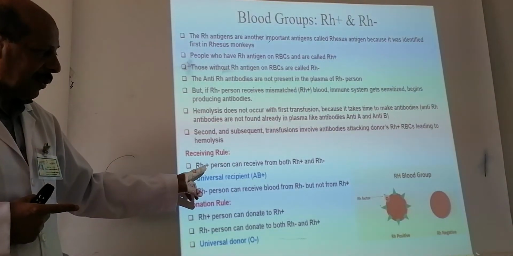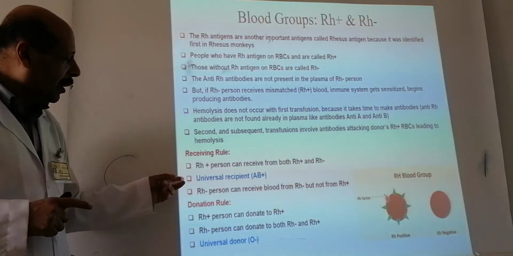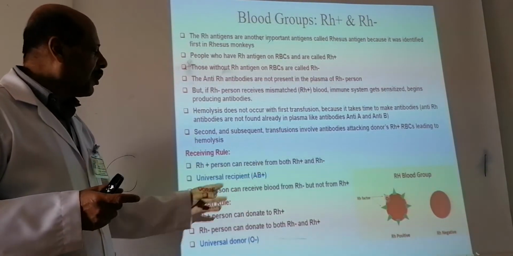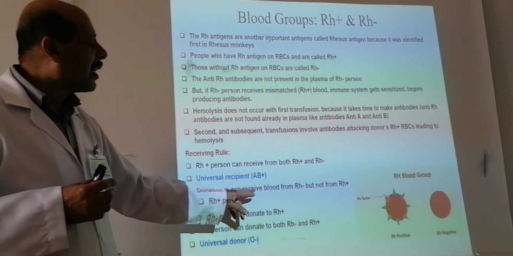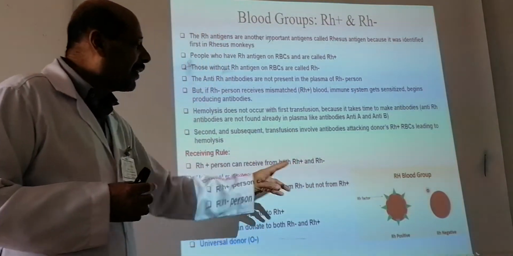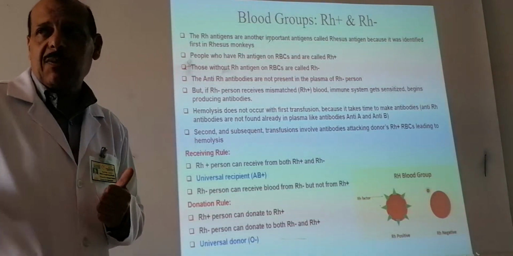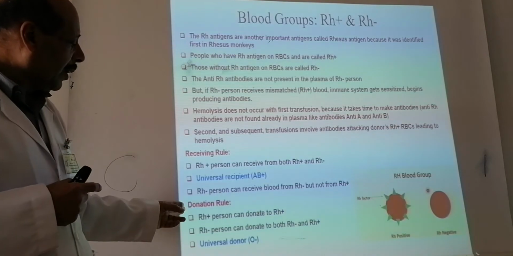The AB positive is the universal recipient; they can receive from all. The Rh negative person can receive blood only from Rh negative, but not from Rh positive. If they receive from Rh positive, their body will develop antibodies.